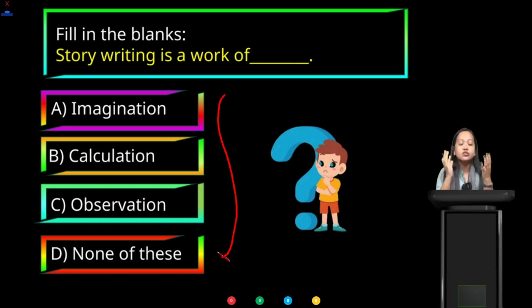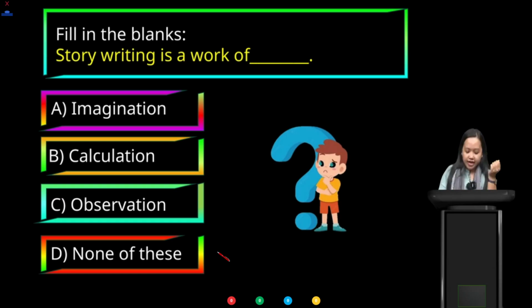We have discussed what is story writing, right? Story writing is a work of what? Okay, I'll give you 30 seconds, my dear students. What is story writing? Story writing is a work of what?